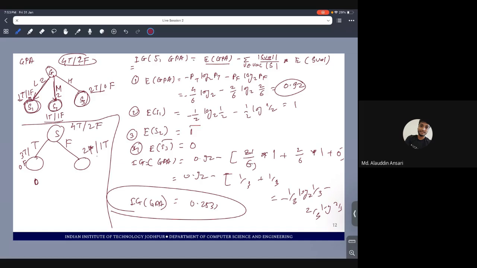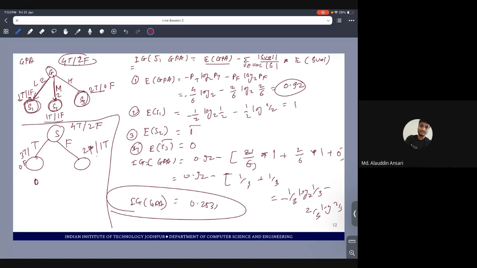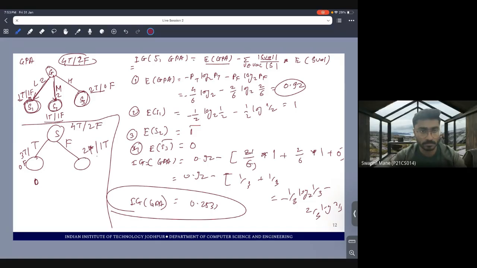So this value should be multiplied by 1/3 overall, which we will subtract from 0.92. The value we are getting from it is 0.811, right? That is the entropy.